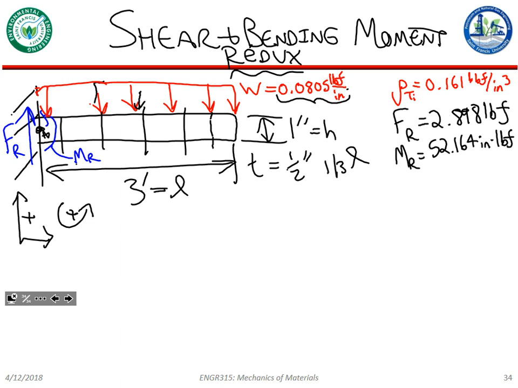So if I want to make a shear and bending moment diagram, what's the next step? You almost have a shear diagram on the top there. You almost do, but you don't. So how do we bridge that gap? How about we draw a new free body diagram?